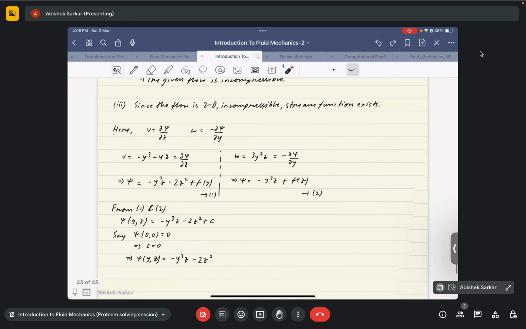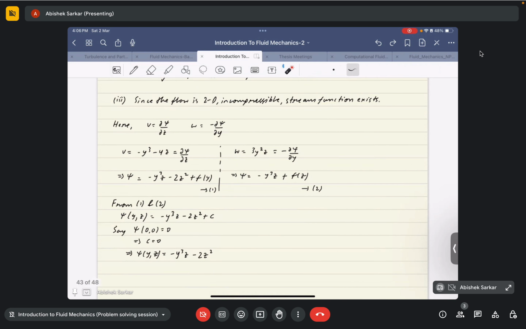Now if we compare both these expressions, we can clearly see that the function in this case is itself y cube z, and the function of z is itself minus 2z square. So if we compare both these expressions, we get that psi of yz is equal to minus y cube z minus 2z square plus some constant c.